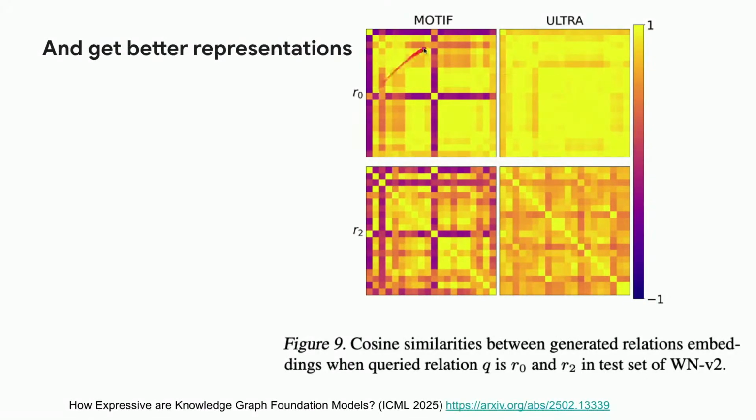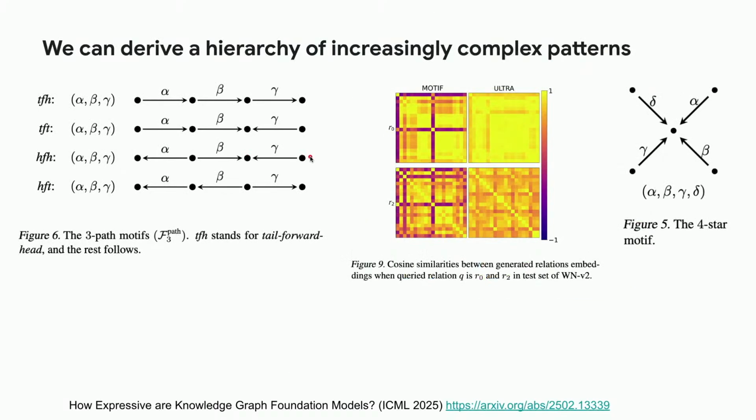So this work actually makes them less similar, and we see some better performance. So yeah, we can derive a hierarchy of increasingly complex patterns, from 3-path motifs to 4-star motifs, and they get us to better representations of relations.